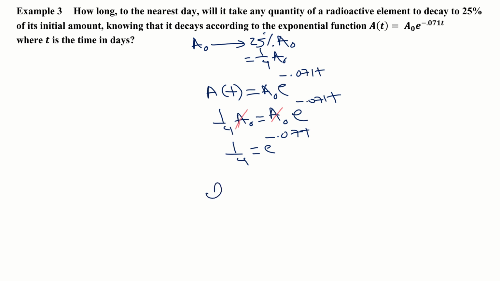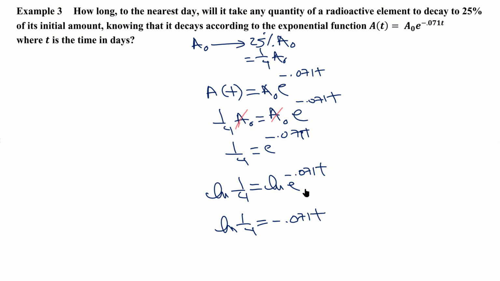Now we apply the ln to both sides, right? So ln of 1/4 equals negative 0.071 t.